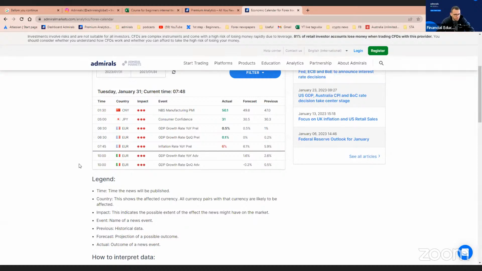So in 12 minutes, 10 o'clock local time, we expect to see some weakness due to the GDP growth rate. If we're going to see some weakness here, maybe the euro will follow and will also get weakened.